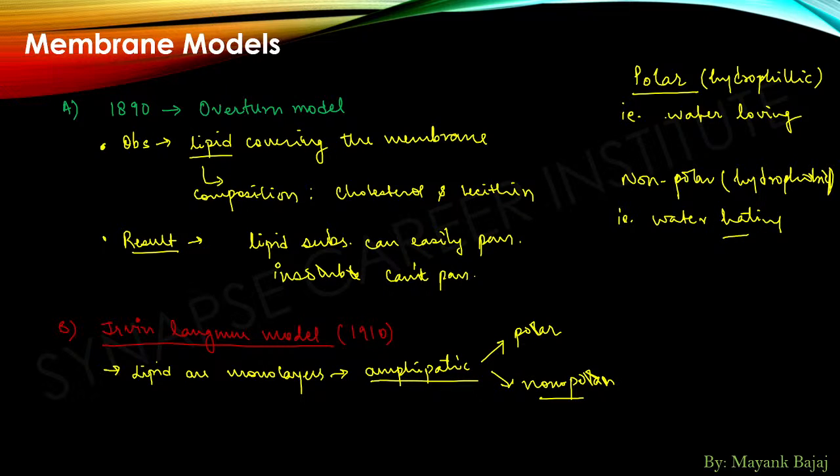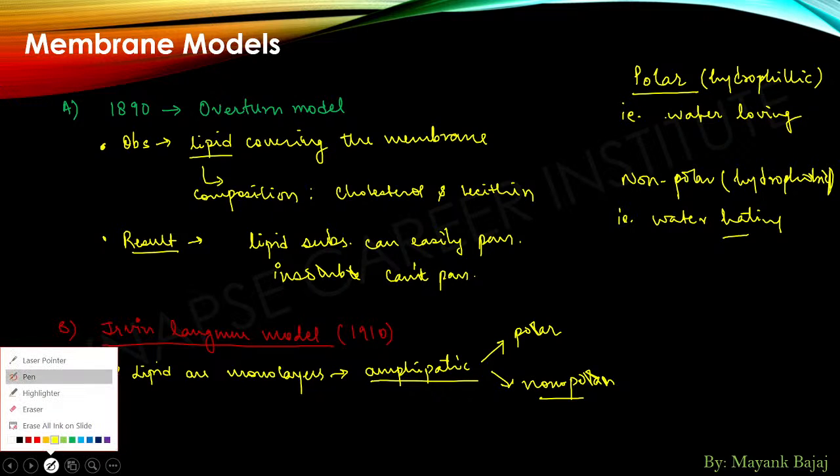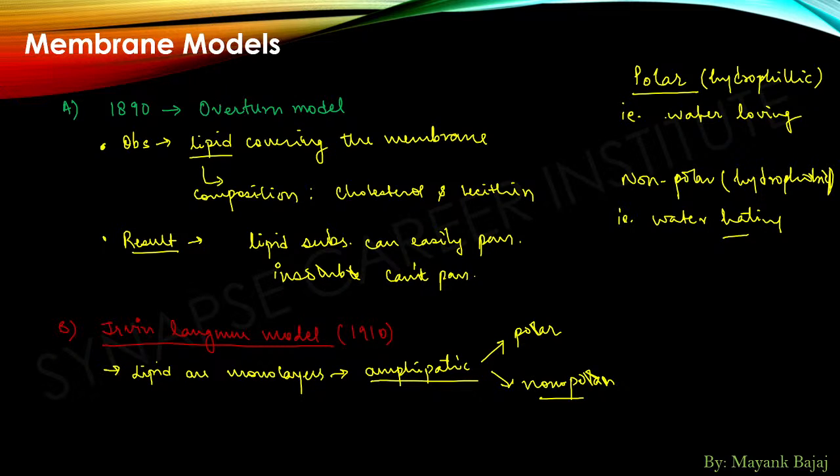Right? And as the best example, if I take polar molecules, we have water, acetone, there are many examples, right? And in the hydrophobic group we have many molecules, right?